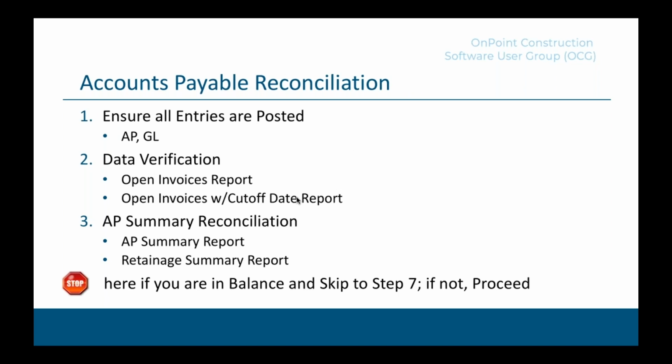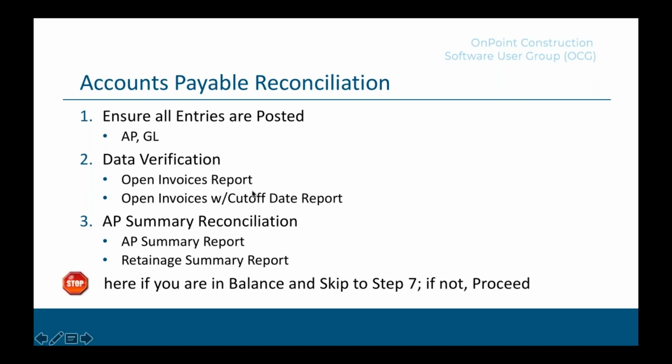So in accounts payable, we want to make sure that everything is posted from AP and general ledger. So the data verification reports, there's an open invoice report and there's an open invoices report with the cutoff date.